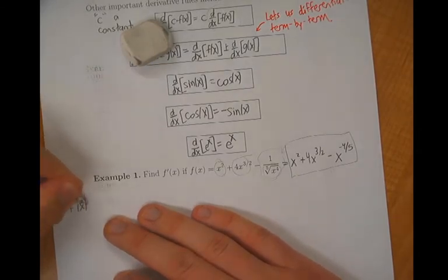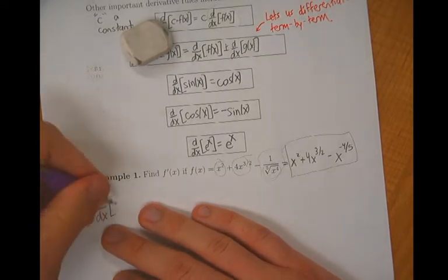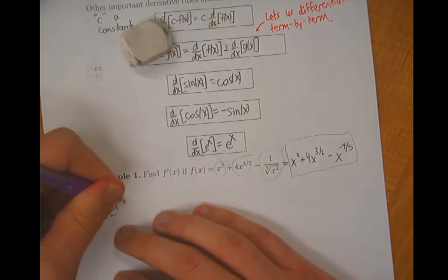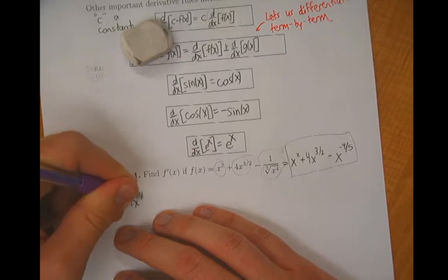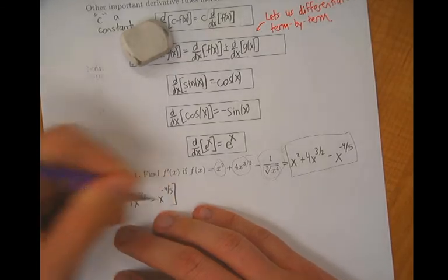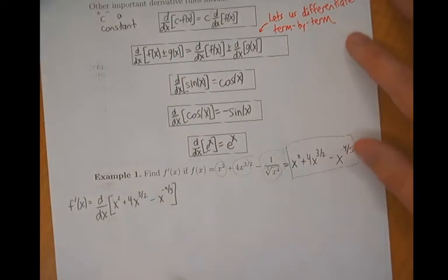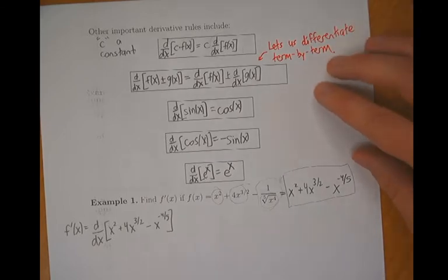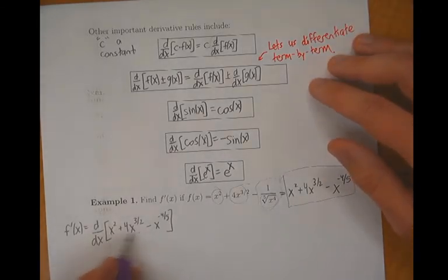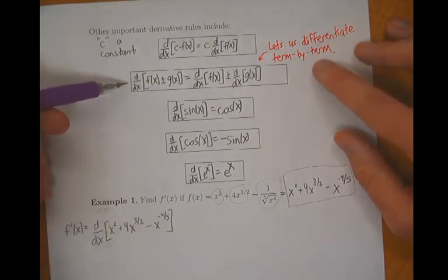So, take the derivative, so we have d over dx of x squared plus 4 times x to the 3 halves minus x to the negative 4/5. If we take a look back above, even though we have 3 terms here, this formula lets us differentiate term by term.